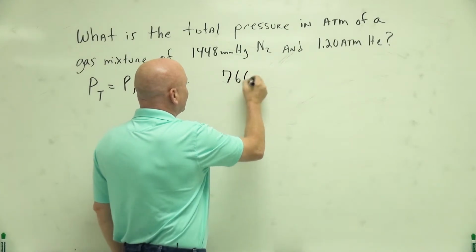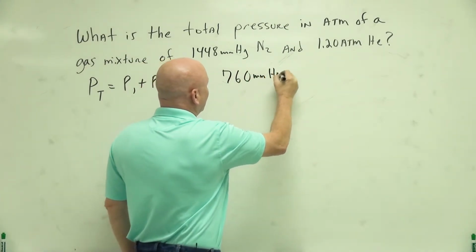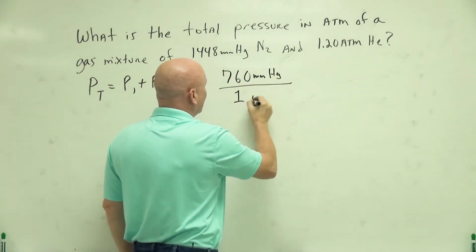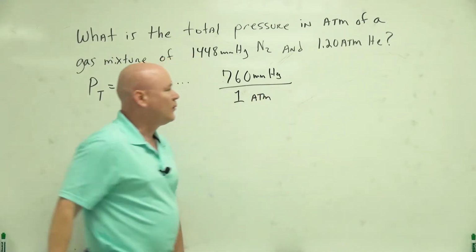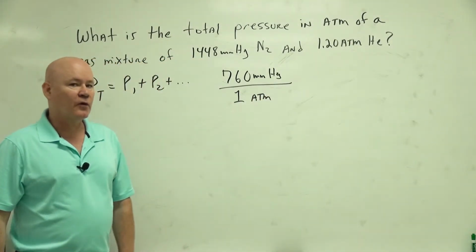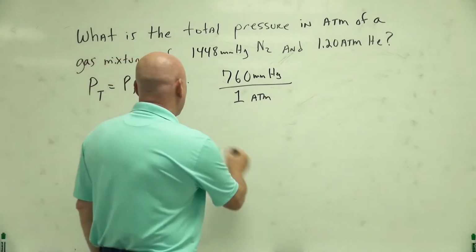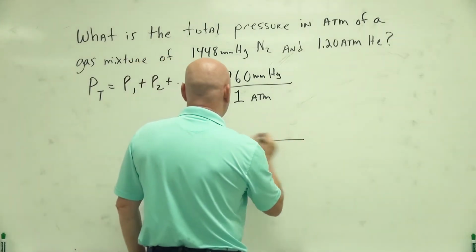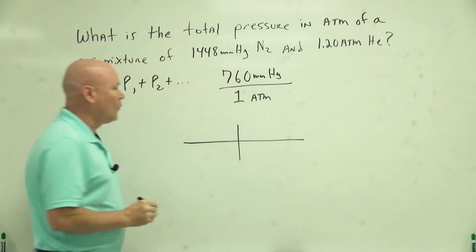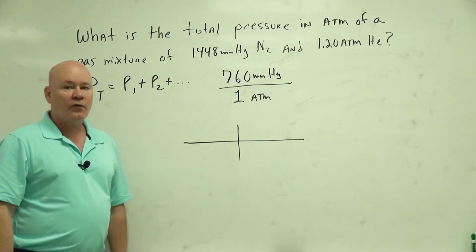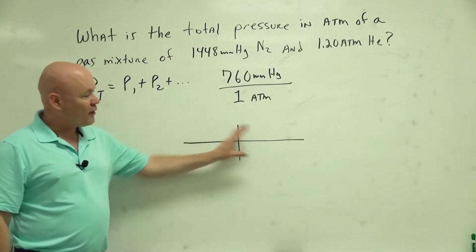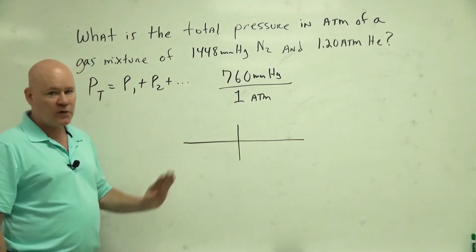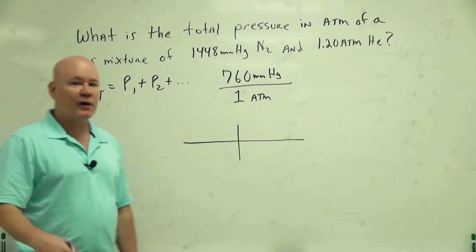The conversion factor is 760 millimeters mercury for every atmosphere. So let's go ahead and convert our 1448. Remember, anytime you're using some sort of conversion problem, set it up so that units cancel. Don't ever think in terms of, do I multiply, do I divide?